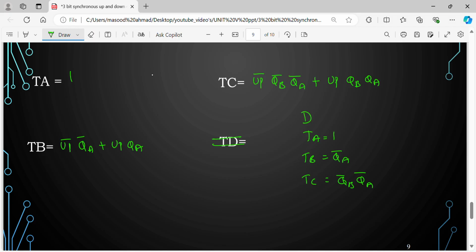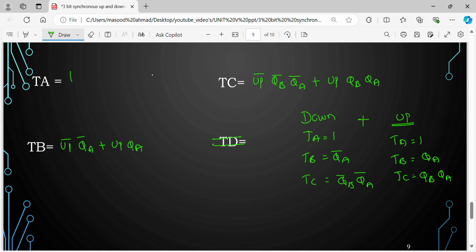This is for the down counter individually. For the up counter, TA equals 1, TB equals QA, TC equals QB QA. Okay, we got the same.